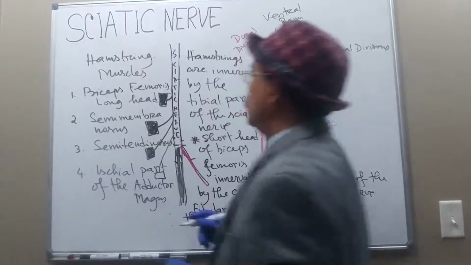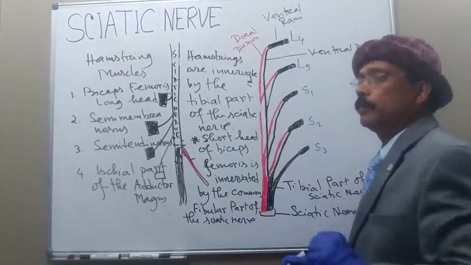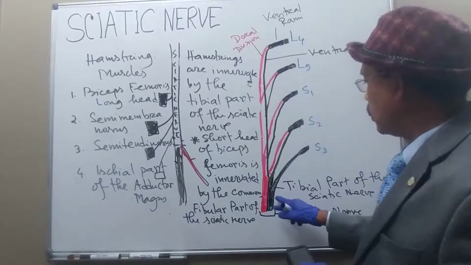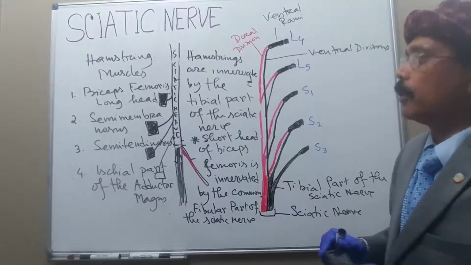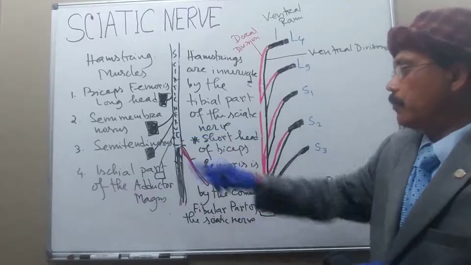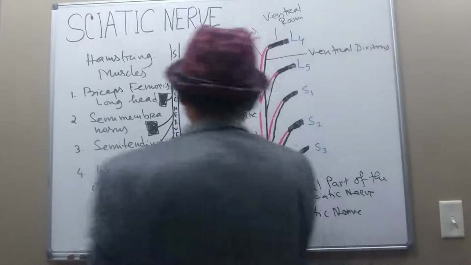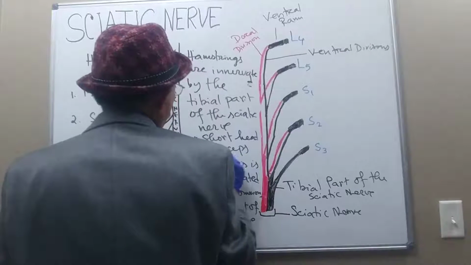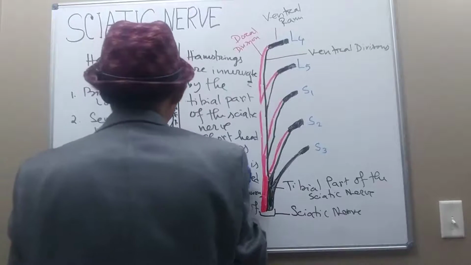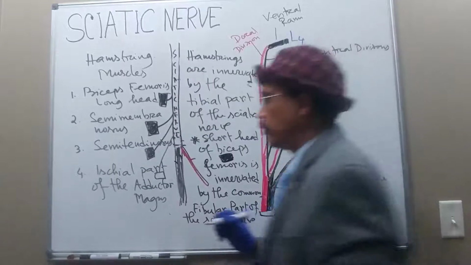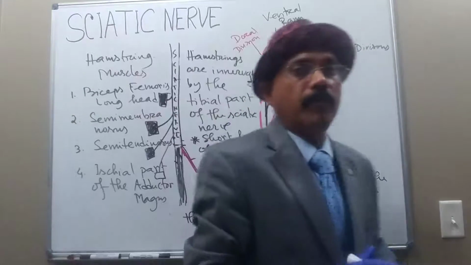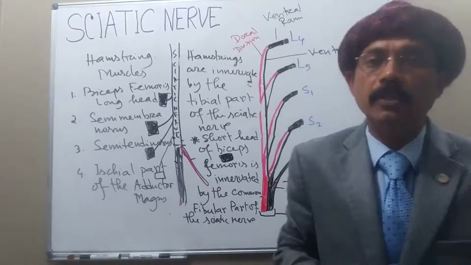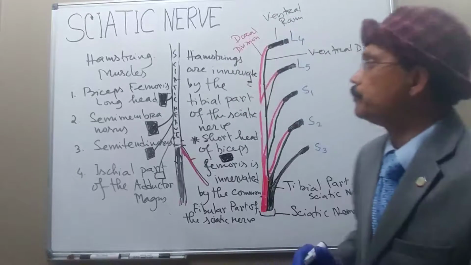Okay. So this is the sciatic nerve. The tibial part innervates the biceps femoris long head, the semimembranosus, semitendinosus, ischial part of the adductor magnus, and all the hamstring muscle takes origin from the ischial tuberosity.